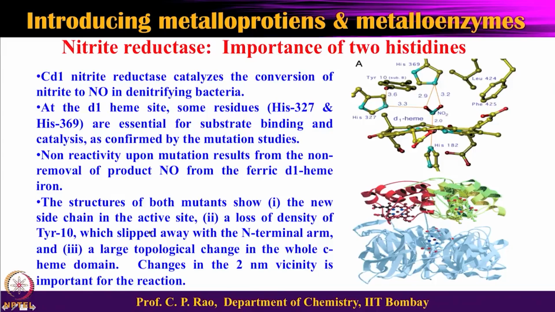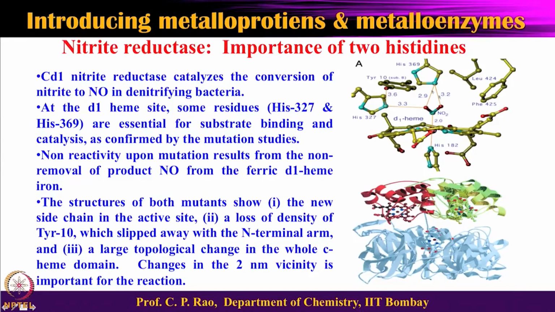Okay, and one more thing that could be realized when you do the mutation: you can see there is one tyrosine moiety, tyrosine 10. So, this tyrosine 10 also gets perturbed when the mutations have taken place, and also we need to see that within a 1 to 2 nanometer vicinity the protein environment is also important.